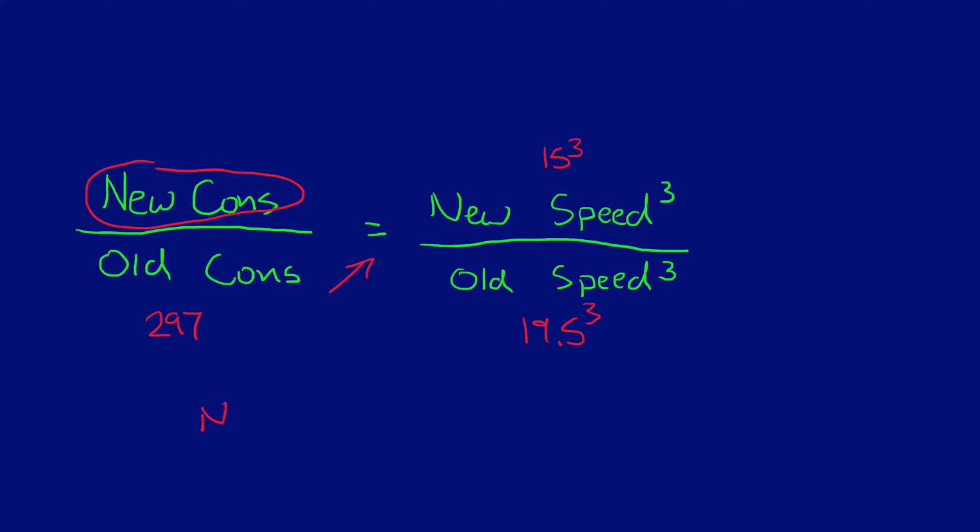That gives us our new consumption, which is what we're solving for, is equal to 15 cubed times 297 divided by 19.5 cubed.